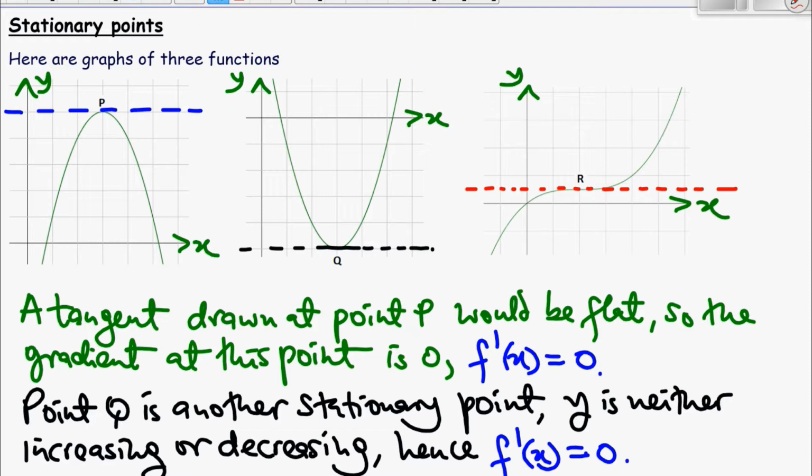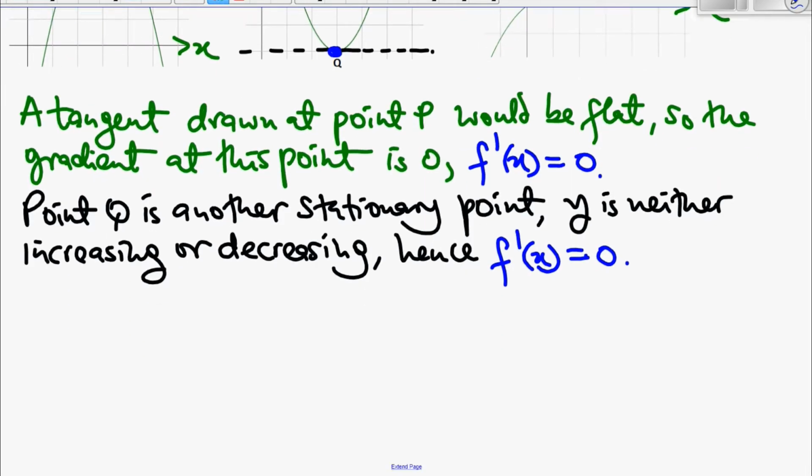Okay, remember these are the points that I'm referring to. That point here, this point here, and that point there. Okay, so we can say that point R is also a stationary point.